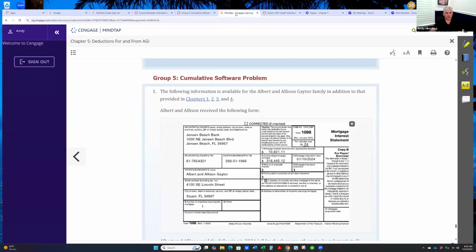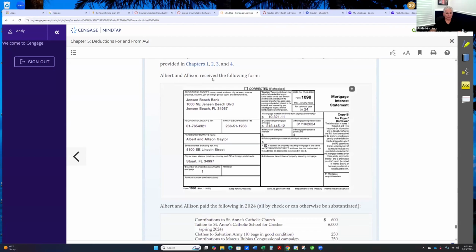Let's go to the textbook, and immediately we're told that Albert and Allison received the following form. They received a 1098 mortgage interest statement, and included in that statement, we see that on box 1, $10,821.11 were paid for mortgage interest.